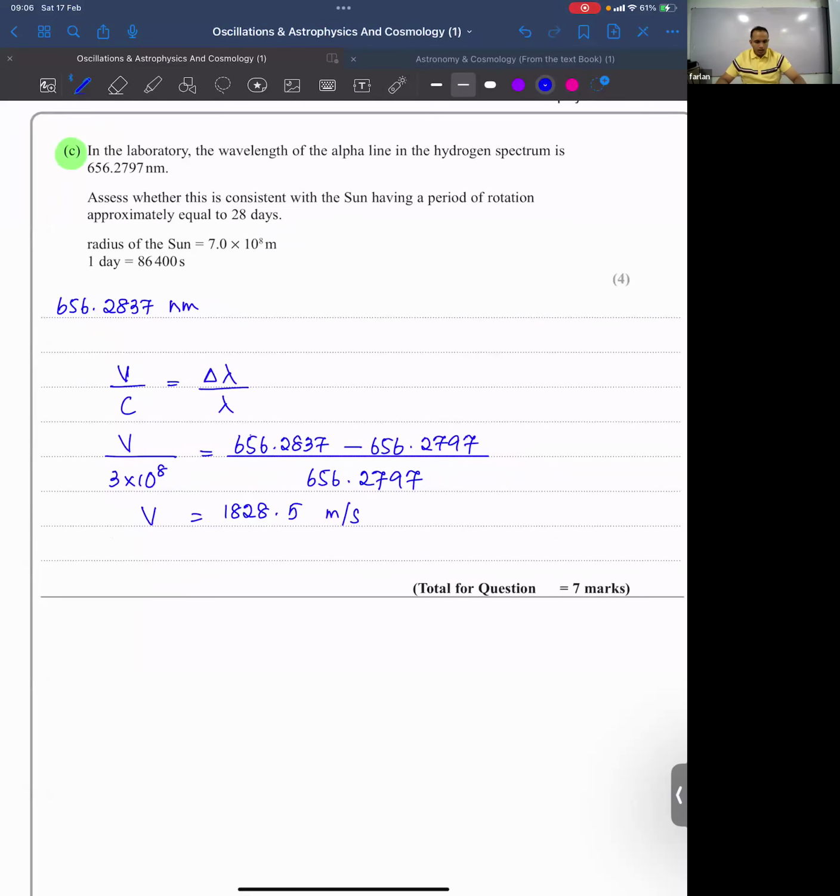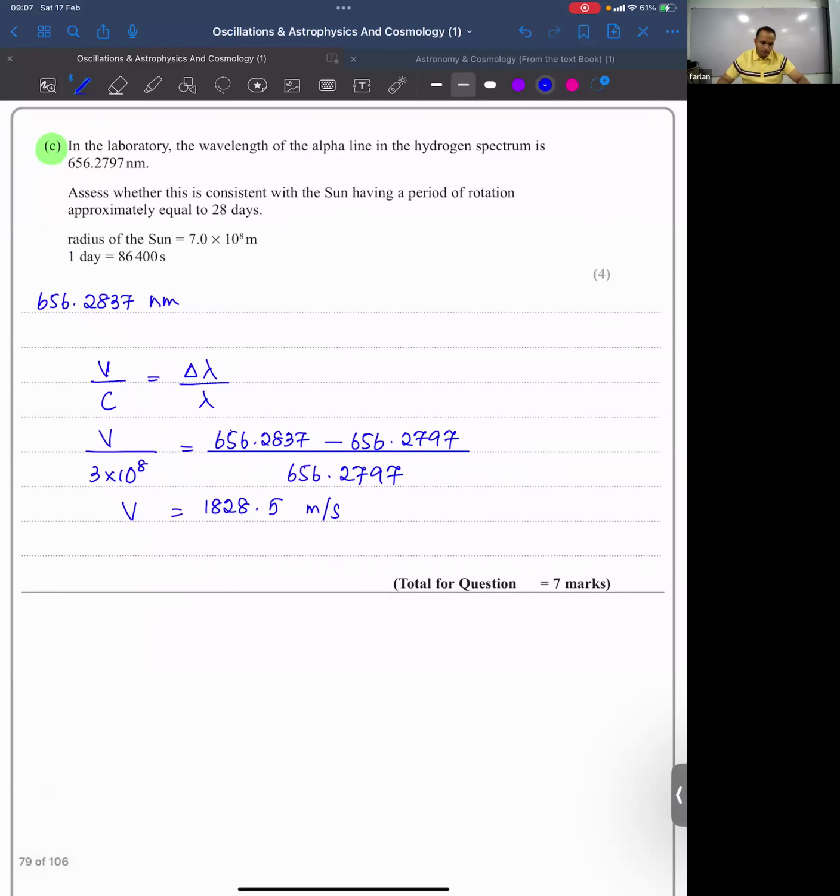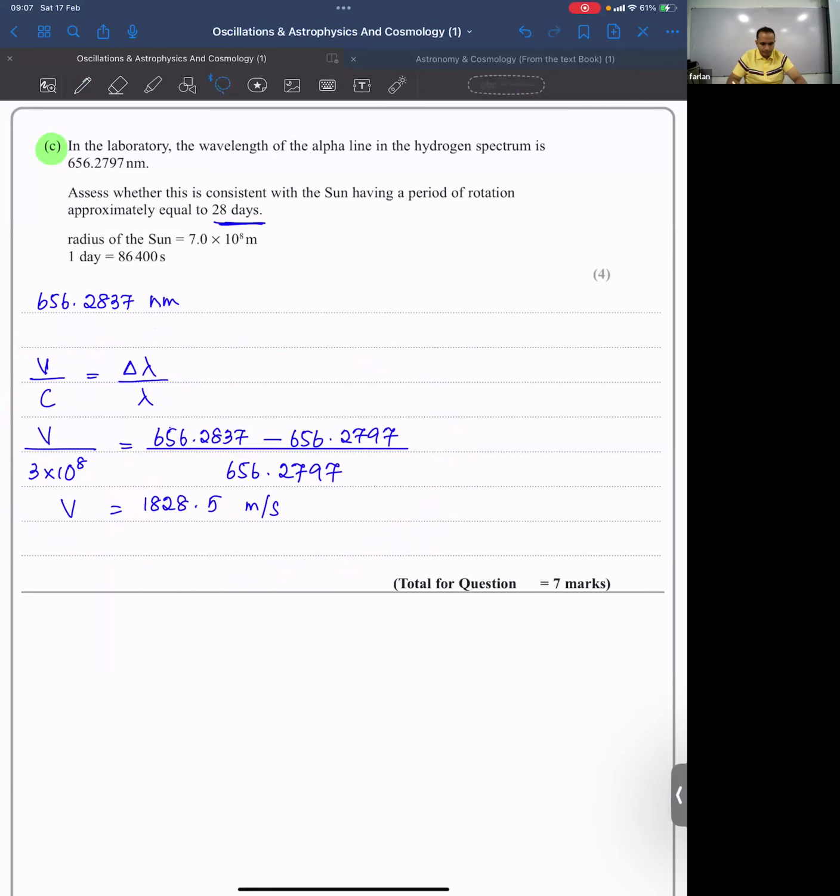Now I want to see, based on this value, what time period we get. The question says, consistent with the sun having a period of rotation approximately 28 days. So I'm going to use this data to calculate the time period of the sun. Now, the sun is rotating, and at this point it has the speed we have just calculated.